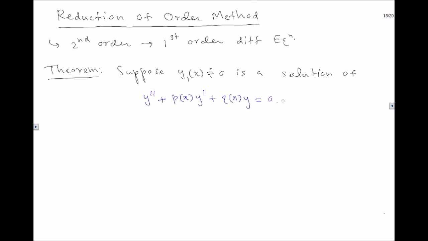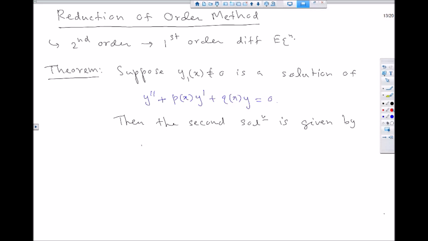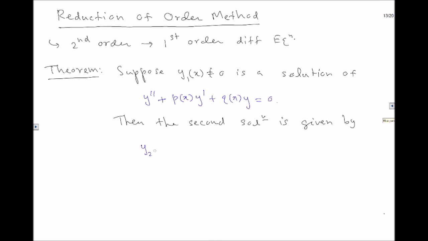Then the second solution y2(x) is given by a formula: y2(x) equals y1(x) times the integral of e to the negative integral of p(x) dx, divided by y1 squared(x) dx.